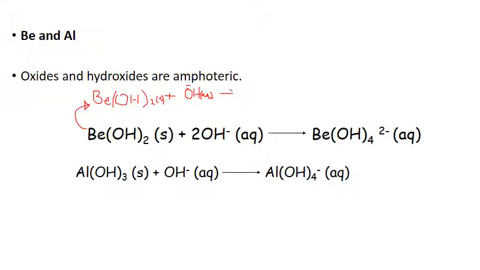And then it gives us, now instead of this formula, you can write this. Actually, it's the commonest in textbooks. BeO2 2 minus, beryllate ions. It's still in solution, because once you talk of the ions, you already know it is in solution. But this time we have some water produced on this side.